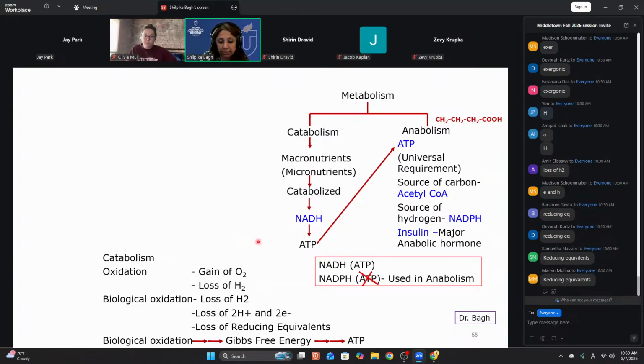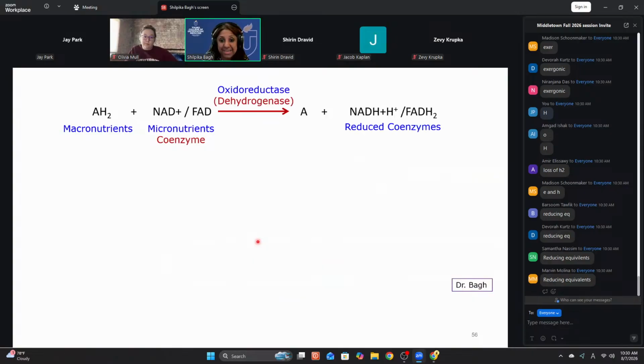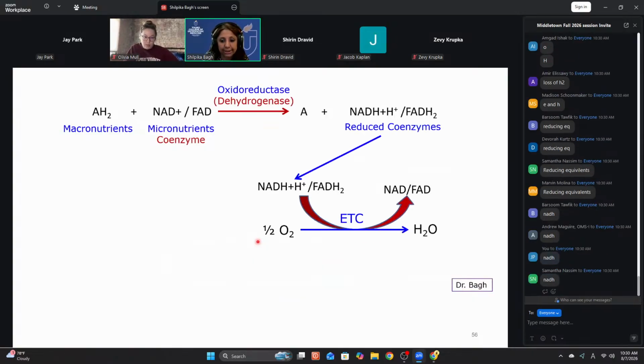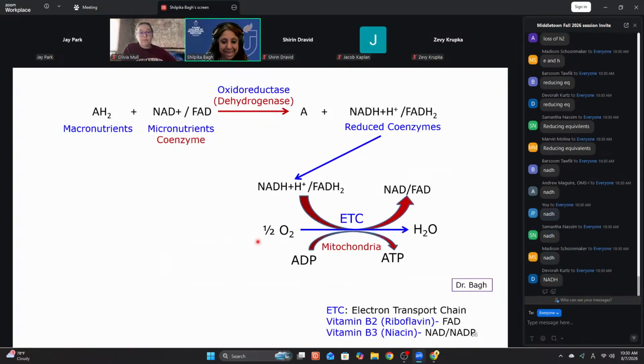Who's the reflection of ATP, NADH or NADPH? NADH. Please know that macronutrients are oxidized and substrates are reduced. The major oxidation pathway is the TCA cycle, which will come in Foundation 2.